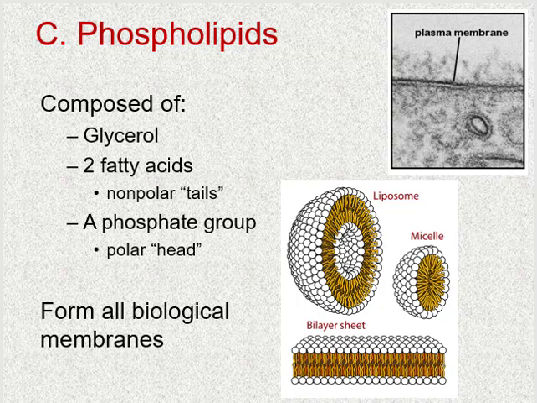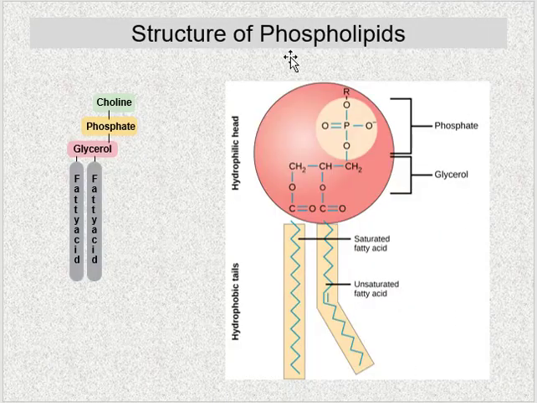The fatty acid chains are hydrophobic and nonpolar, meaning they cannot interact with water, and thus they make up the hydrophobic portion of the phospholipid. The phosphate-containing group, or the polar head, is hydrophilic and can interact readily with water. Here's a little better look at what the structure of a phospholipid looks like.